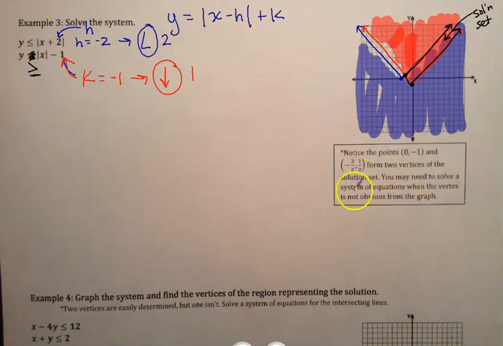You may need to solve a system of equations when the vertex is not obvious from the graph. And this point, (-3/2, 1/2), is not really obvious for you to pick out, but I'm going to show you some others where you really will have to work for it a little bit. Okay, because this next one will kind of make you work for it.